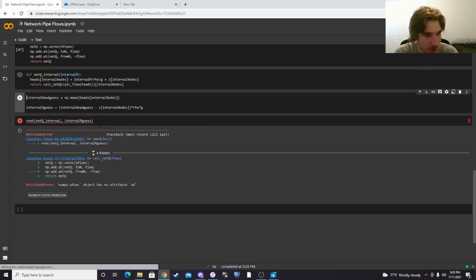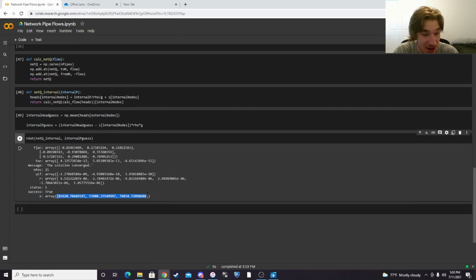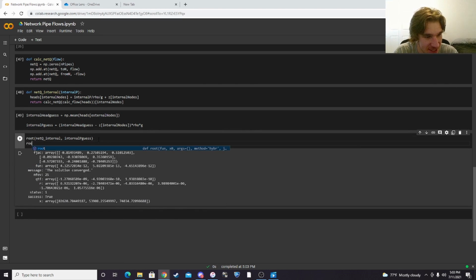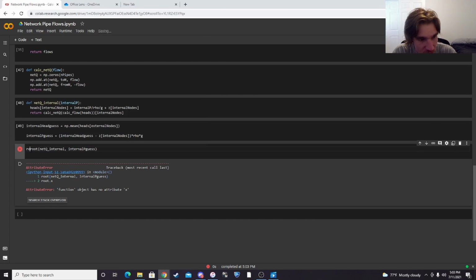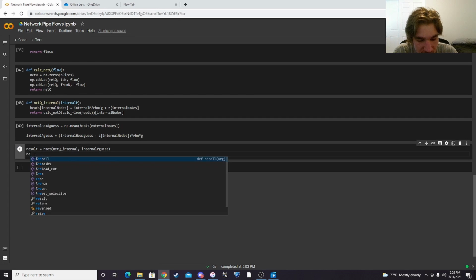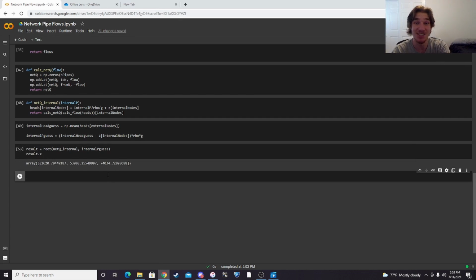Why did it not pick up on that originally? And there we go. Here's our actual pressures that we got for our internal nodes. So we can go ahead and set this root.x to that. I apologize, we have to set this to result, and then we do result.x, which will just give us that list of values right there.